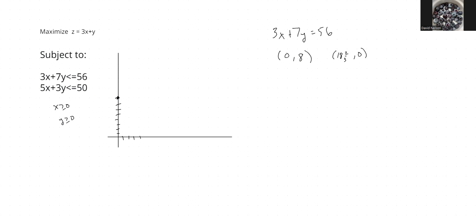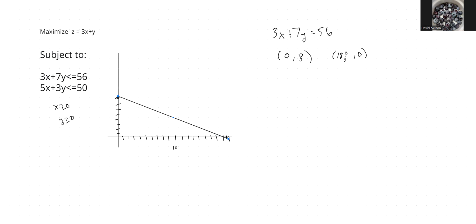It's 10, 11, 12, 13, 14, 15, 16, 17, 18, 19. So 18 2/3 would be somewhere in this area. And the line should connect those 2 points. Between those 2 points is going to give me the line 3x plus 7y equals 56.